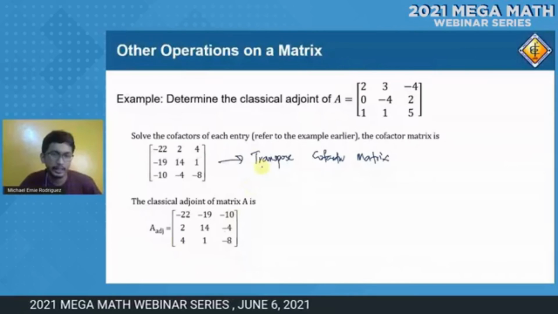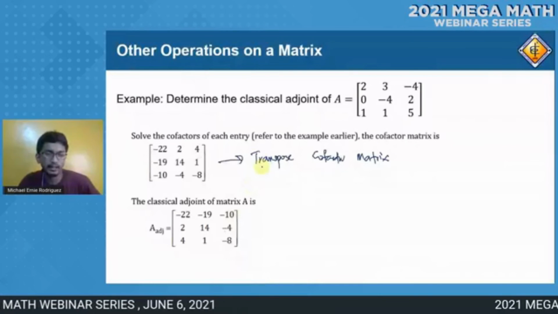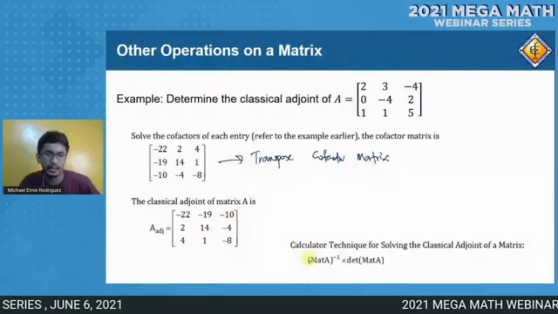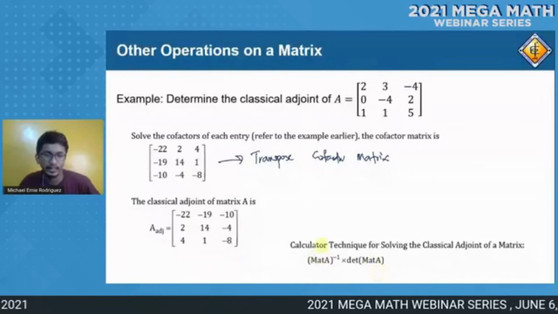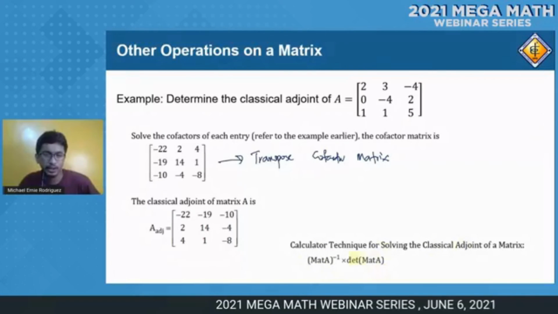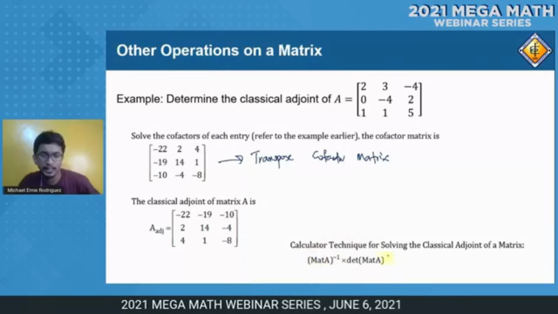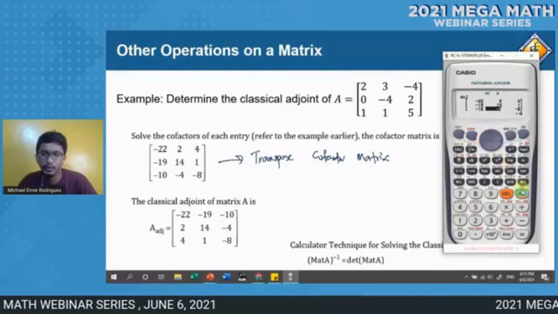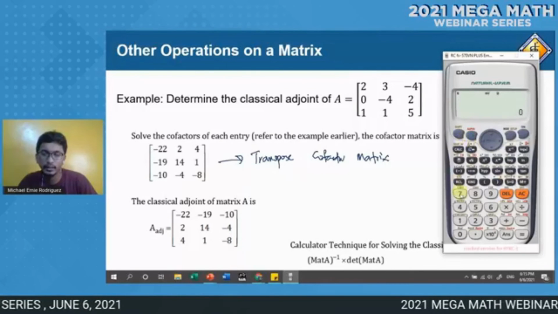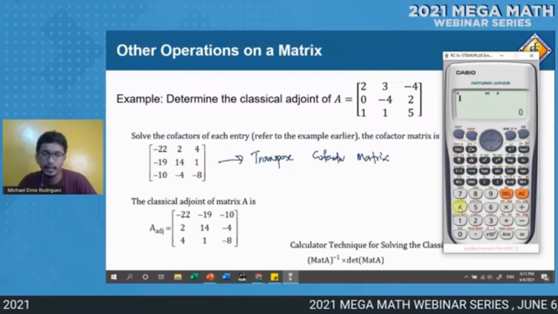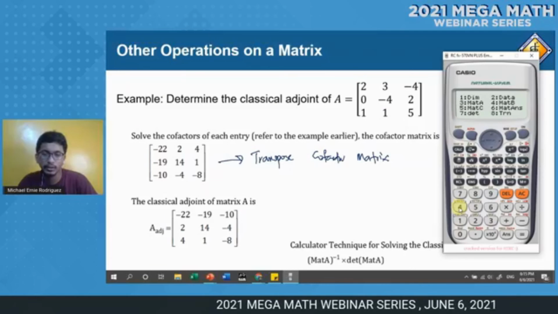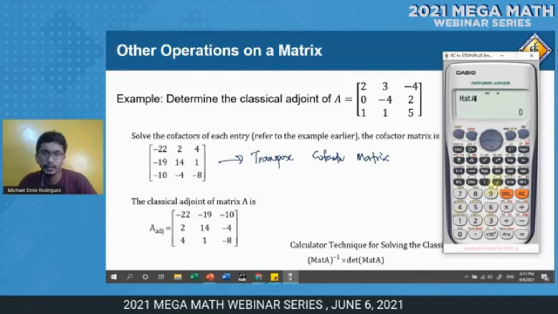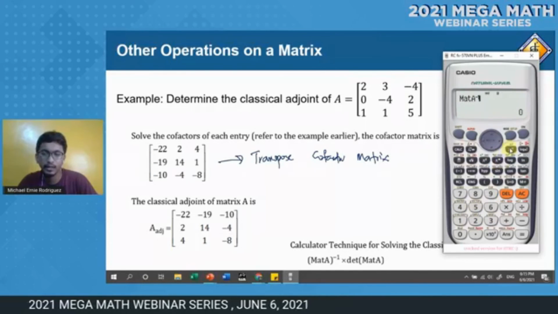So kung sa Caltech naman, di ba kanina doon sa cofactor, meron kang transpose dito, di ba, na nilagay. Same formula. For classical adjoint, wala lang transpose. So, wala lang transpose yung ating formula for the Caltech. So, matrix A raised to negative 1, that is the inverse.